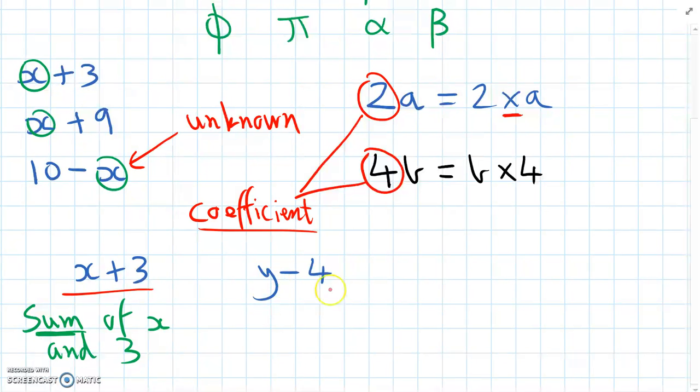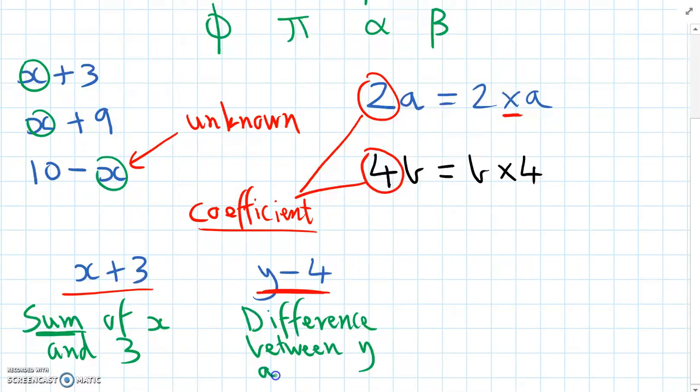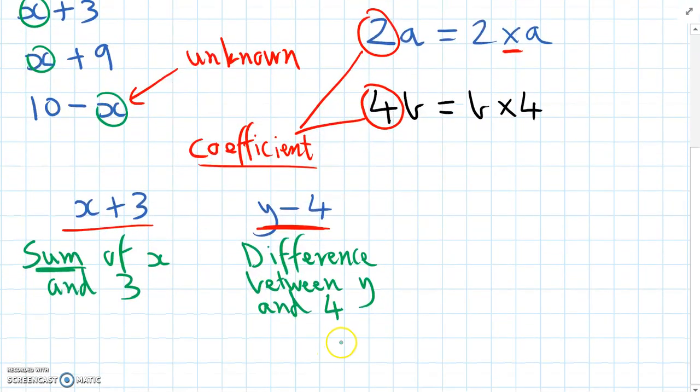If we have y take away 4 in this example, subtraction or take away, the proper name for that is difference. So that's the difference between y and 4, because on a number line, we're thinking, how far is the distance between y and 4? What's that difference?